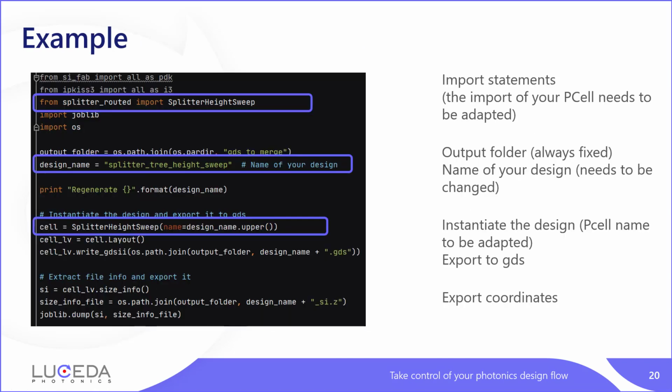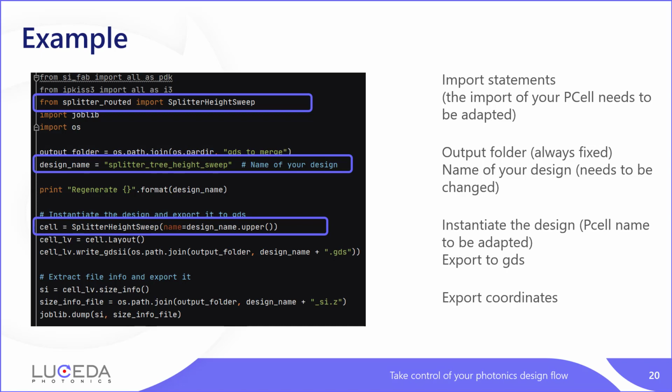So let's take a look at the example of such a regeneration script. This is the regenerate.py script. So first we have the import statement, which imports your design from your DOE folder. And then this output folder, which gives names to your designs.